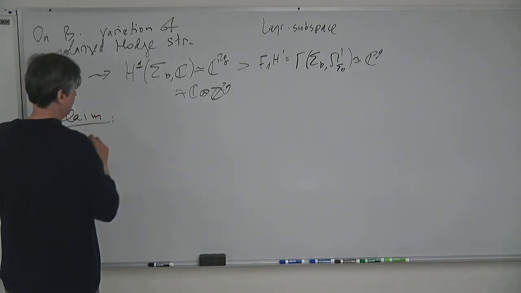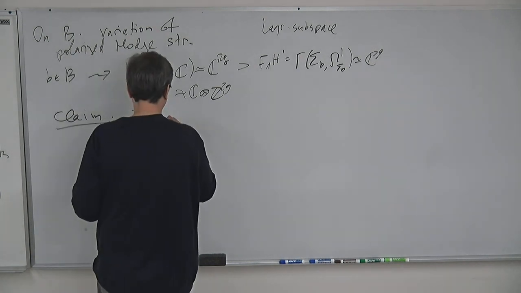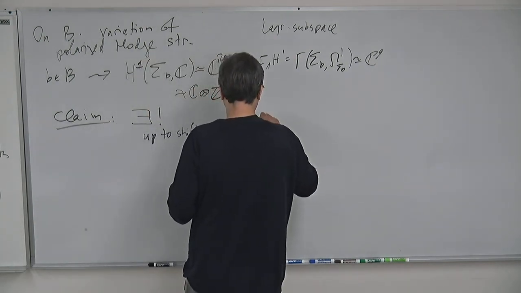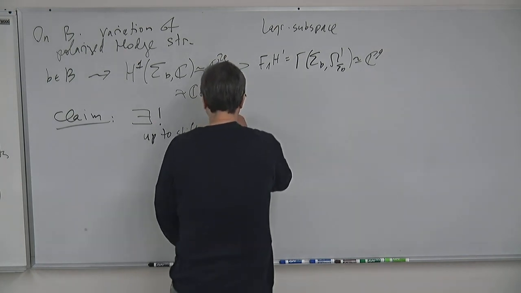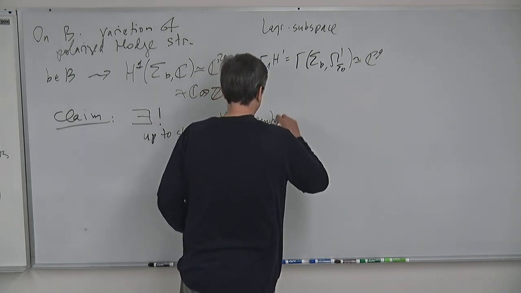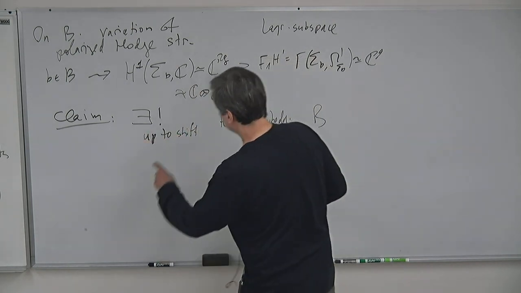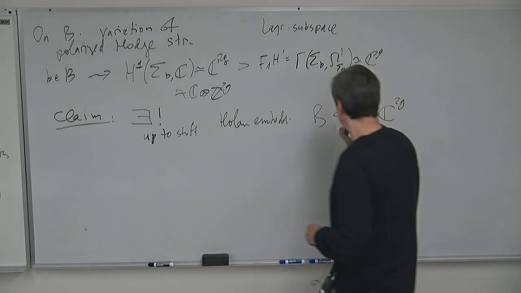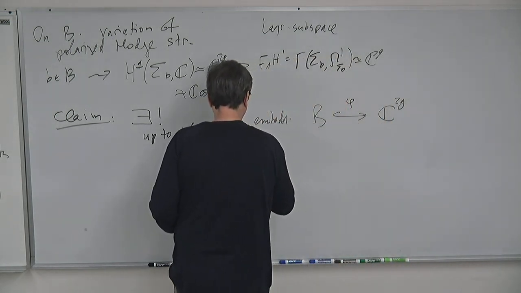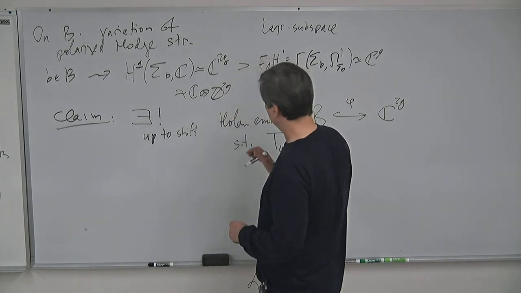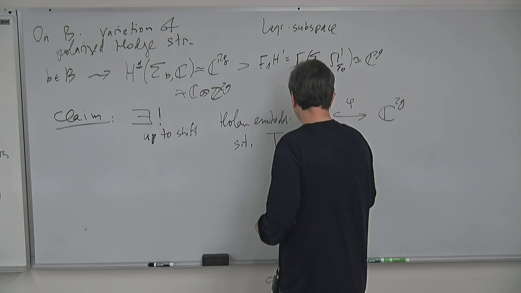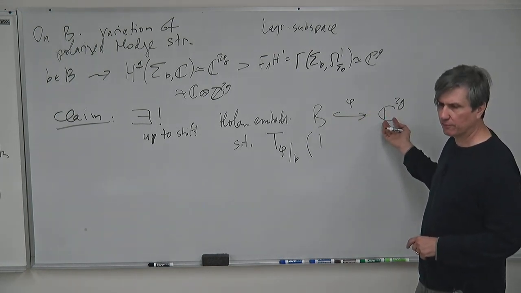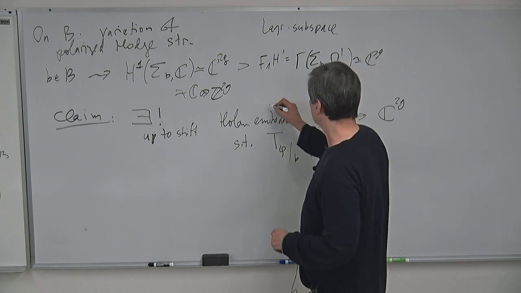Again, claim: there exists a unique, up to shift, map, a holomorphic embedding of this G-dimensional manifold to C^2G, which is the cohomology of my curve, an embedding phi, such that if you consider the tangent map of this phi at point B and apply it to the local embedding. Yes, it's a germ. Everything is a germ.